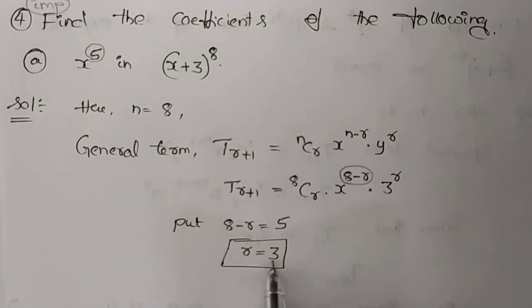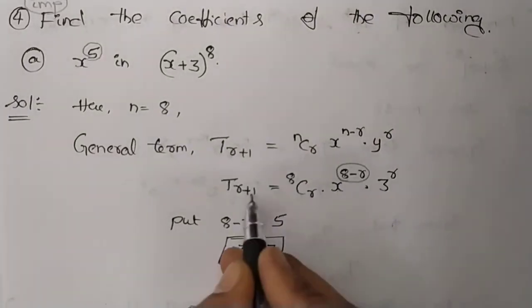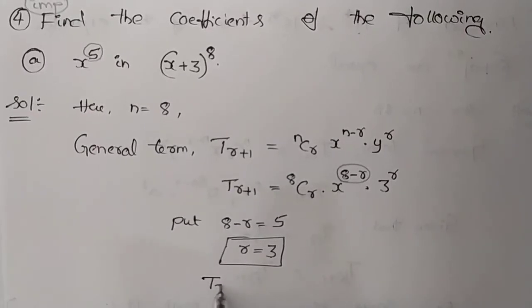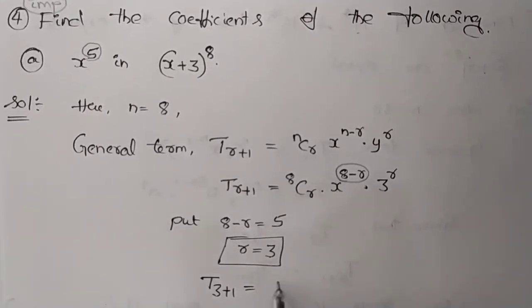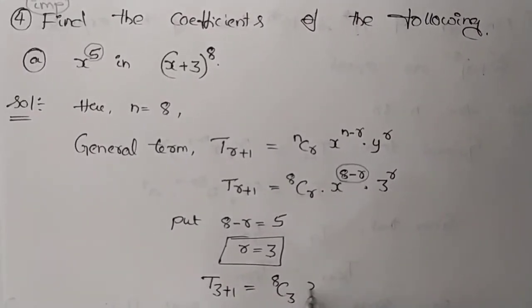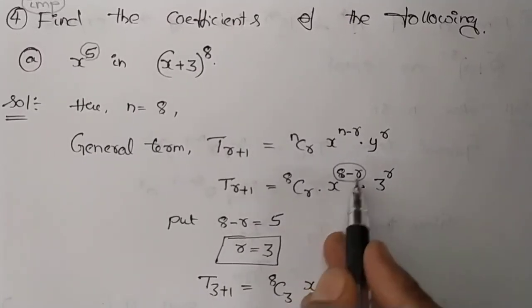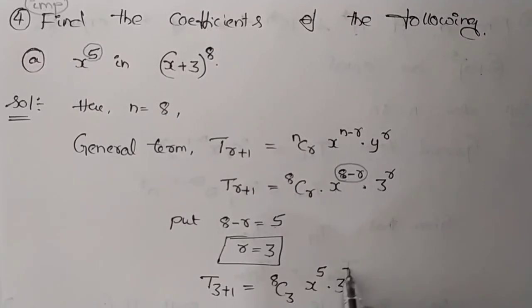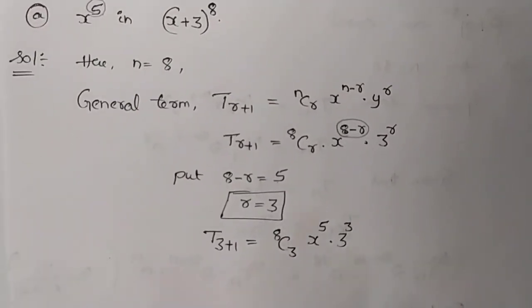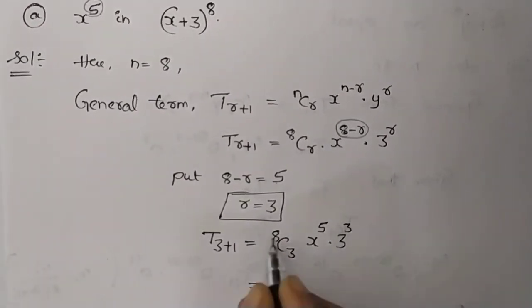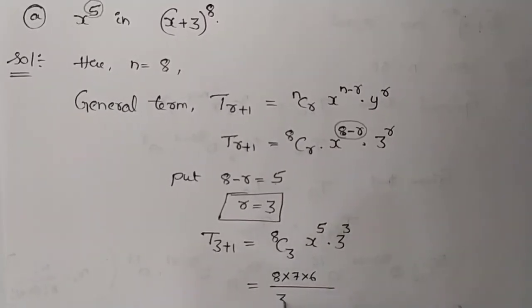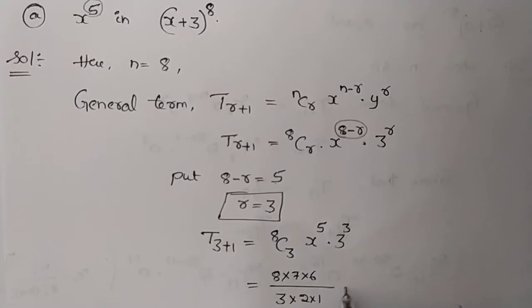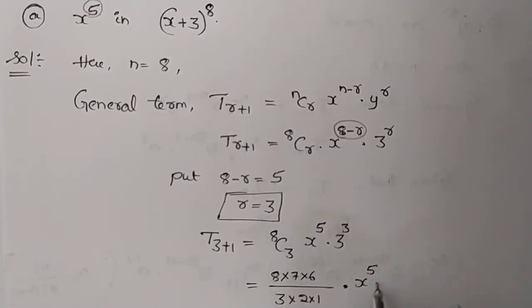Now substitute this r in the general term. T 3 plus 1 equals 8C3 into x power 5 into 3 cube. Next, 8C3 equals 8 into 7 into 6 divided by 3 into 2 into 1, into x power 5 into 3 cube, which is 27.